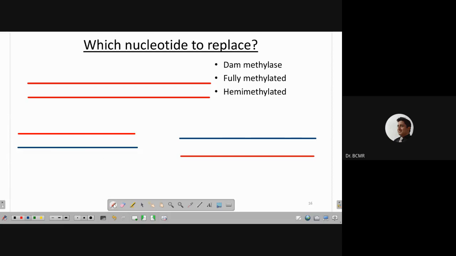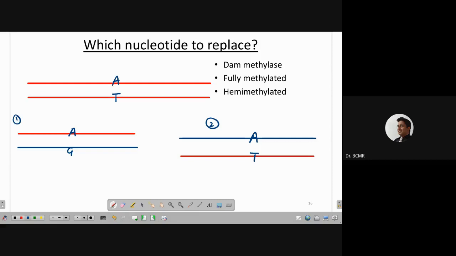So the question that I was telling you is, say there is A and here is G. The parent DNA had A and T. Now there is a mutation, and there is no problem in the second DNA molecule.